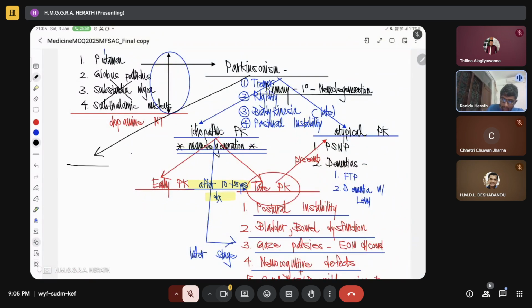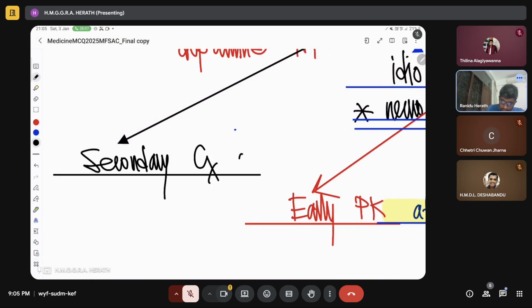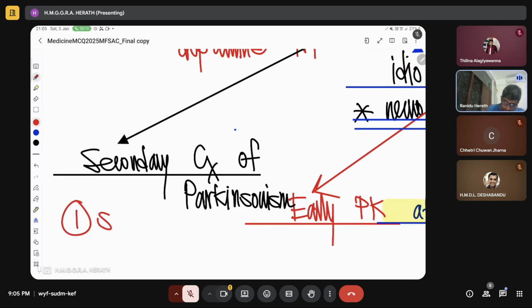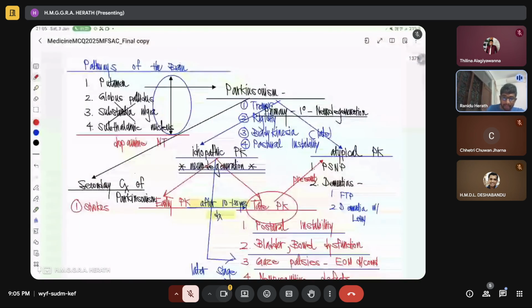What are secondary causes of Parkinsonism? Have you heard of strokes leading to Parkinsonism? If there's a massive stroke in the basal ganglia pathway, that will lead to Parkinsonism. However, it is not due to neurodegeneration, it is due to ischemic injury.